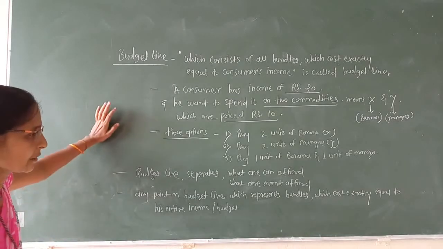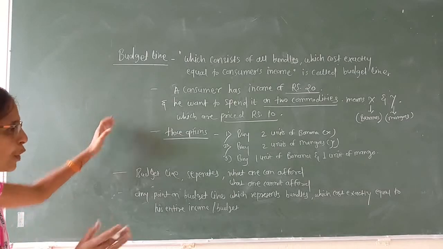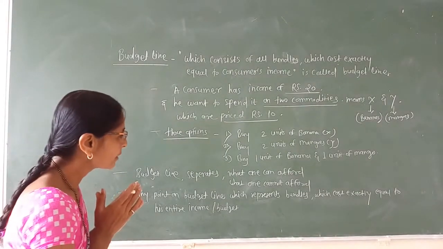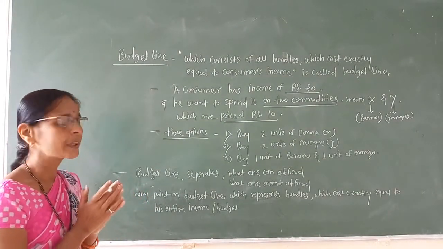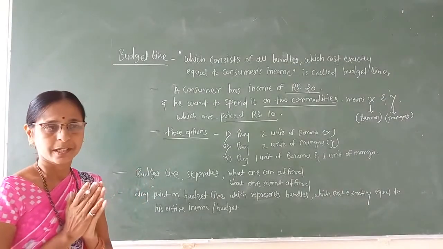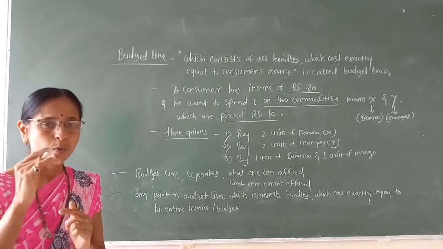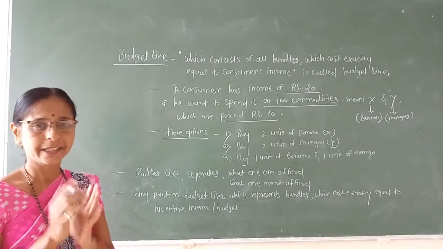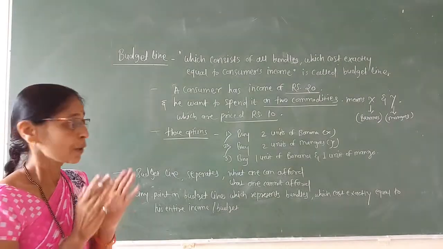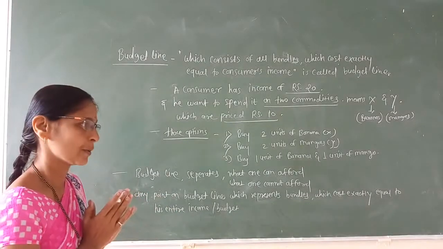Means students, suppose the consumer wanted to have one more banana, then he can do it only by giving up some units of the mangoes. See here what I said. If the consumer wanted one more unit of banana, then he can do it only by giving up or sacrificing some units of the mangoes.